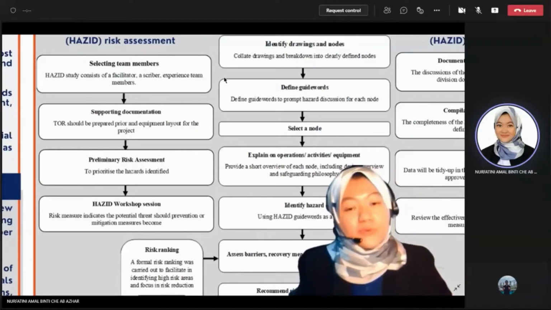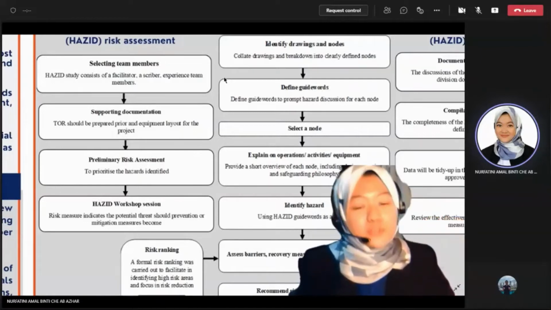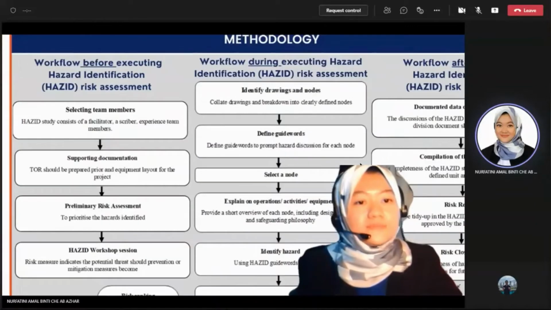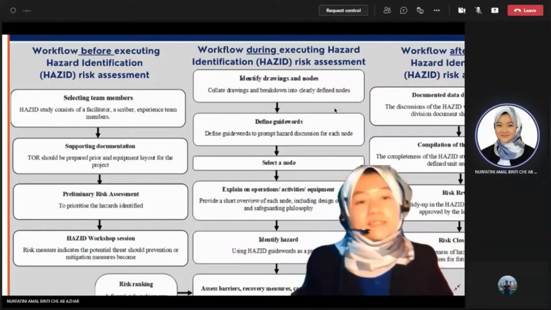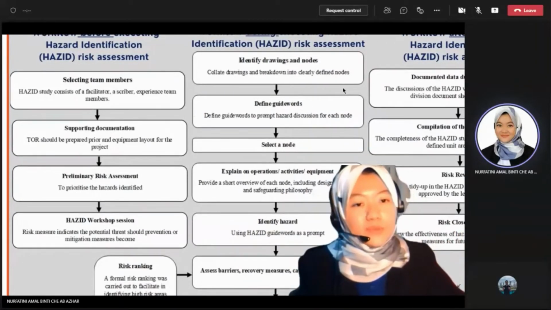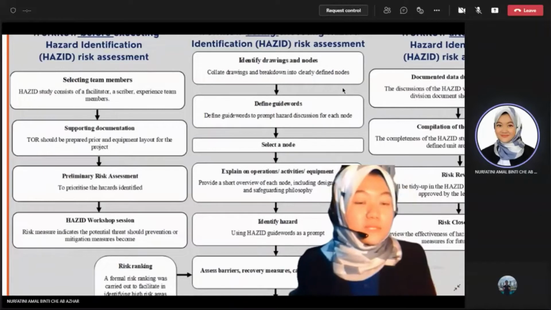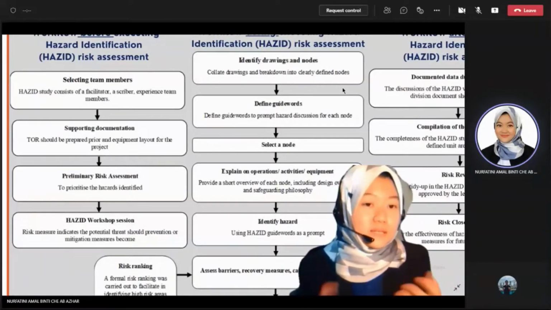And next we will have to go through a preliminary risk assessment before the real workshop starts. Only then does the hazard workshop session start. So during the workshop, when the hazard risk assessment is conducted, we will identify drawings and notes, and then we will list out all the guide words from the documents, which here are from the Petronas Technical Guidelines.